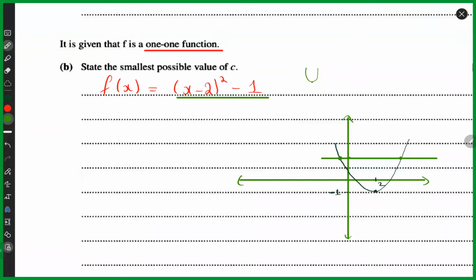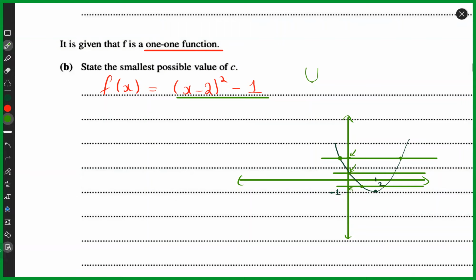Again, if I make the graph, I would be having two x values which are corresponding to one y value. Okay, this was the initial y value. This is again another y value. Again, if I make a horizontal line, again two x values that are corresponding to the same y value. So this certainly is not one-to-one. One-to-one means for one x, we should only have one y. This is many to one.